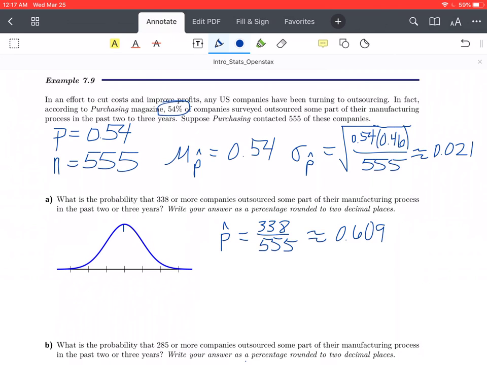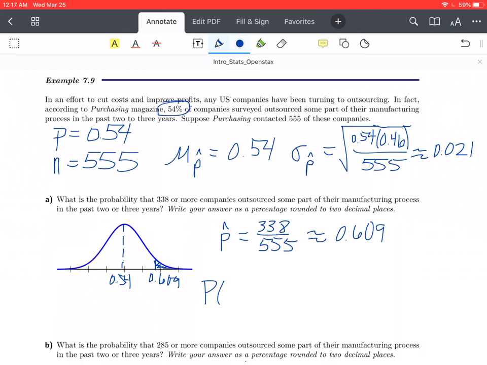All right, so here's 0.54, and then we're looking at 0.609. Since the standard deviation is so small, 0.609 is going to be somewhere way up here. And we're looking at this probability in there.